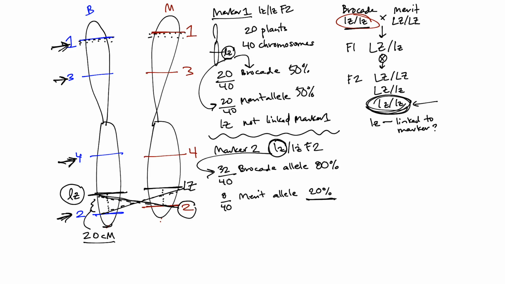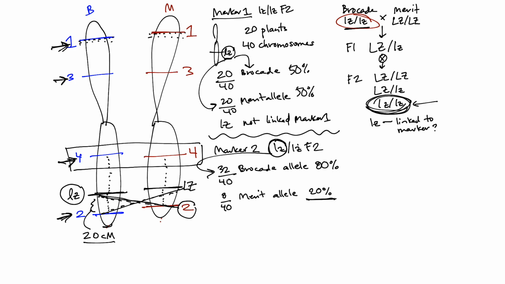Now, a next question we might want to ask is, what's the genotype at marker 4? Do we see that LZ is also linked to marker 4? I would predict that LZ is less closely linked to marker 4, given how we've drawn it here. It's a little further away.